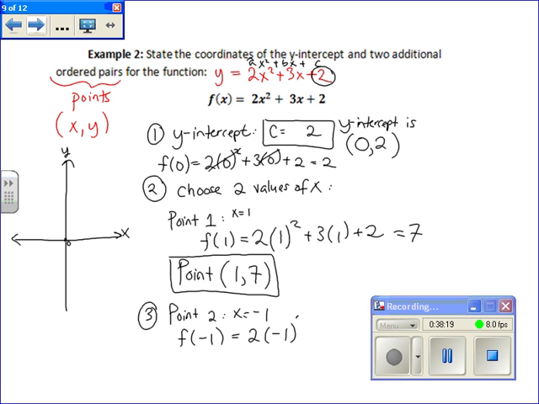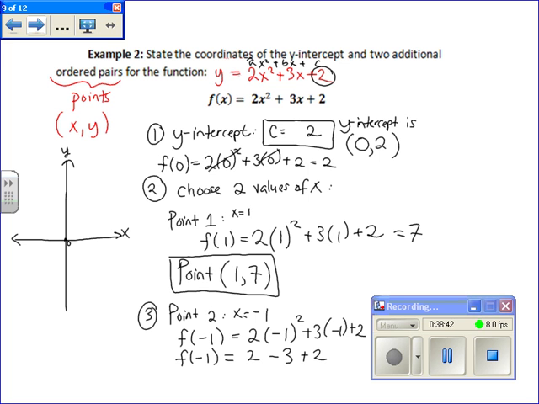So I'll put in a negative 1 everywhere that I have an x in my formula. What I get here is that when x equals negative 1, we have negative 1 squared is 1, so 1 times 2 is 2. 3 times negative 1 is negative 3.